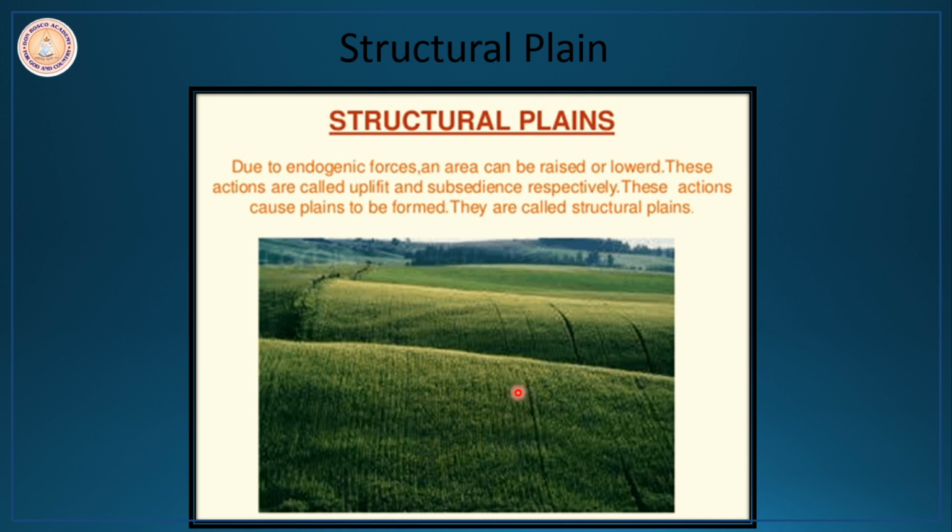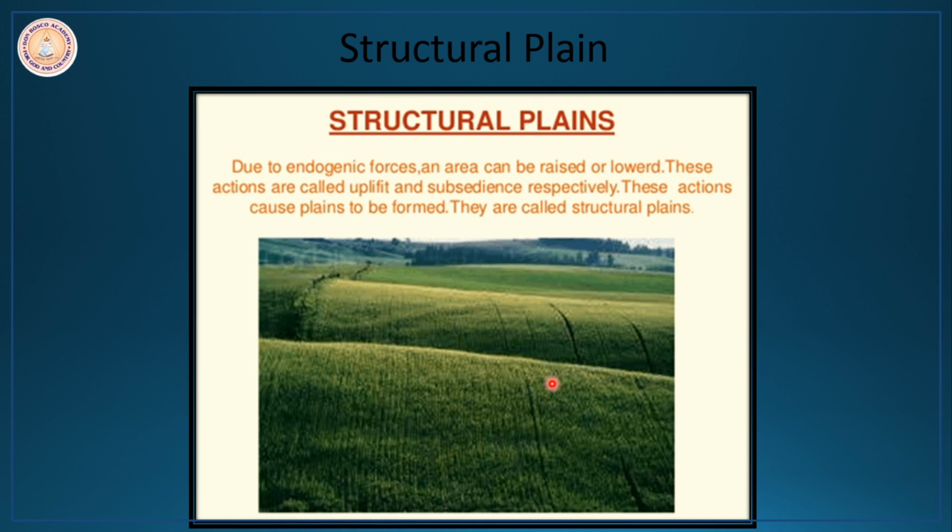Structural plains are found in Kerala, in the Malabar coast and they have been formed due to the upliftment of the continental shelf. Elsewhere, upliftment of the continental shelf has occurred in Belgium, Holland and Germany.